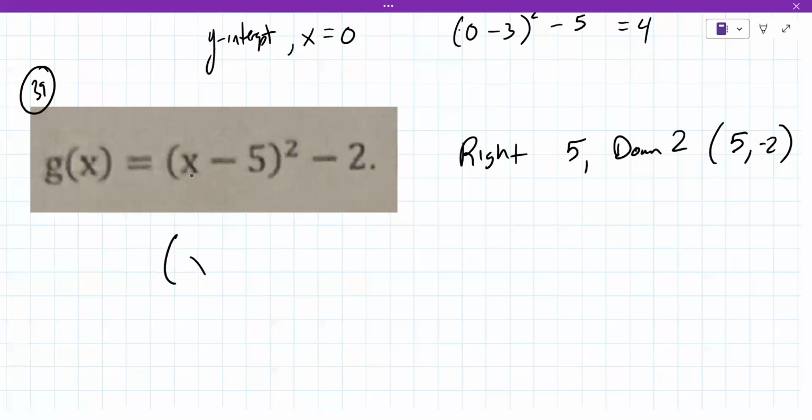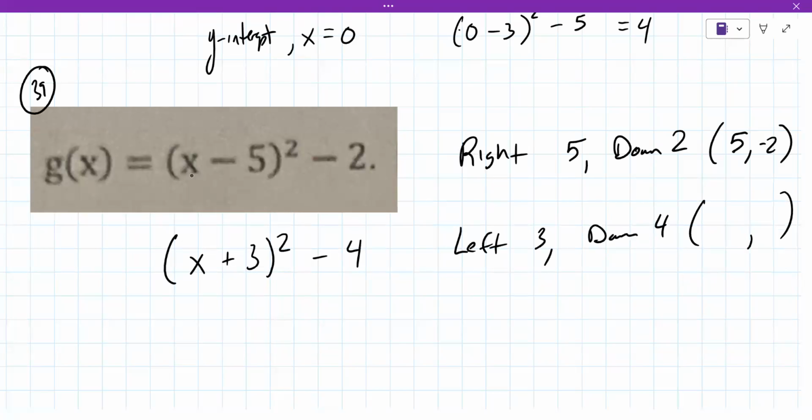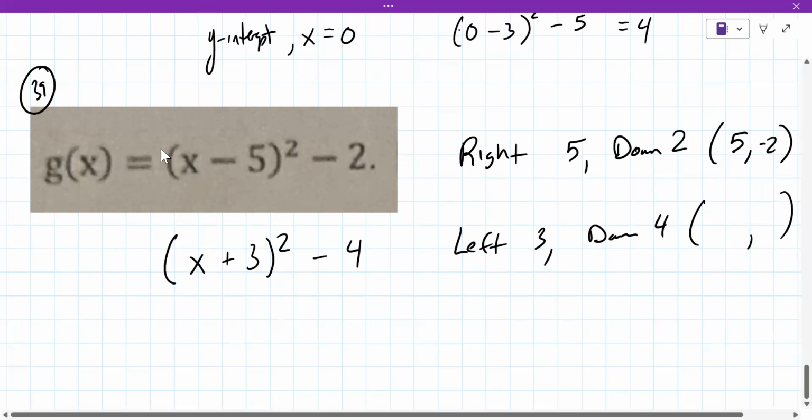Now let's say it was x + 3 squared - 4. This one is left 3 and down 4. What is the vertex on this one? Try again. -3, -4.